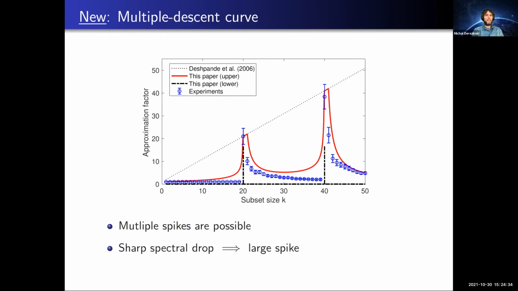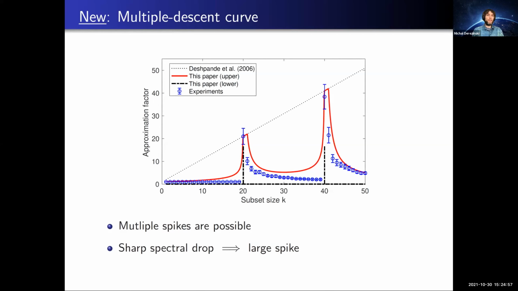In particular, these new guarantees show that the worst case example is part of a larger phenomenon, which we refer to as the multiple descent curve in subset selection. I illustrated this curve in the plot here, both empirically and theoretically.